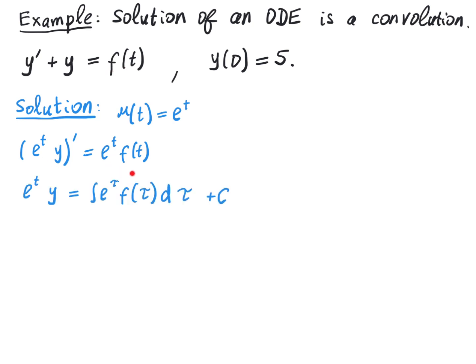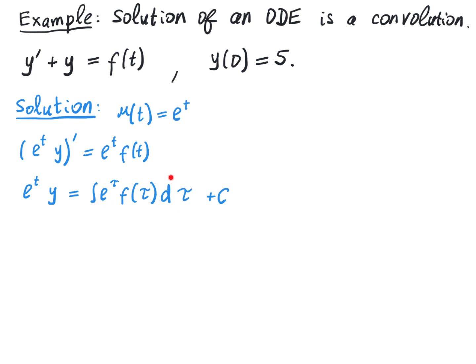Now we integrate both sides. e to the t times y will be the integral of the right side. Now, inside of the integral, just so that we wouldn't confuse the variable of integration and t outside, let's denote the variable by tau.